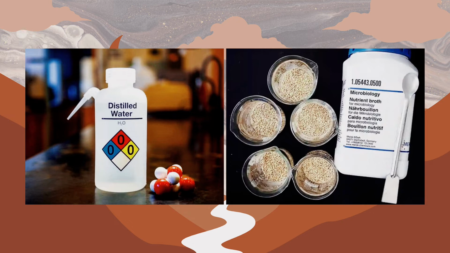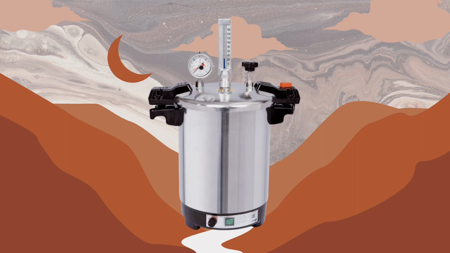Well, we just need to combine them in a flask, which could be an Erlenmeyer flask or a conical flask, and finally sterilize it through autoclaving. This step is very, very important, so please do not forget.